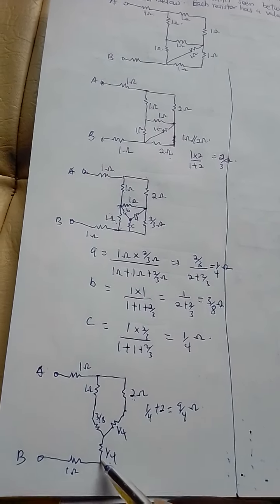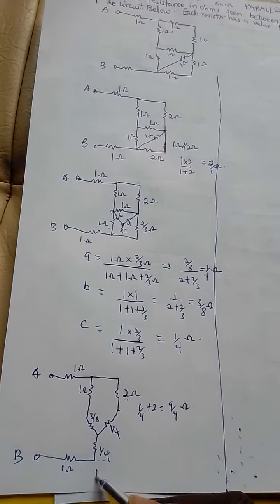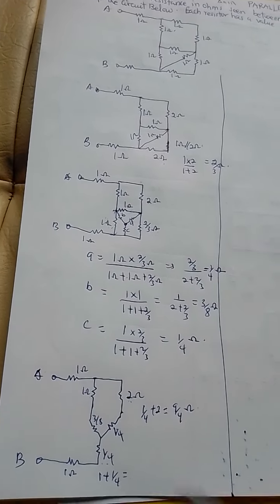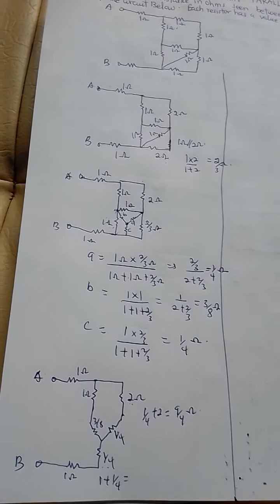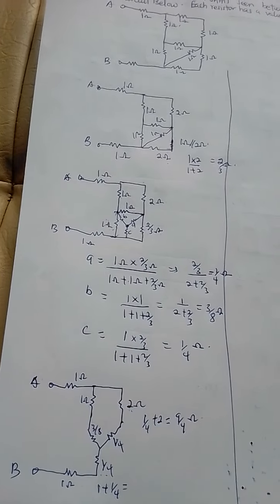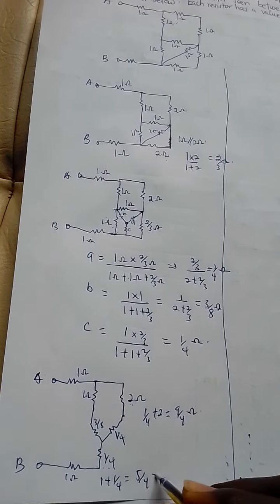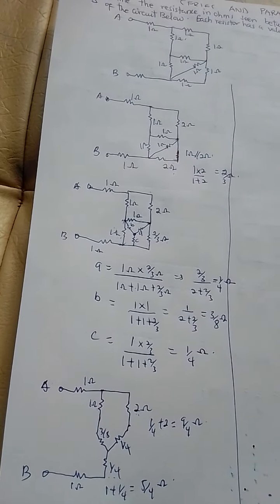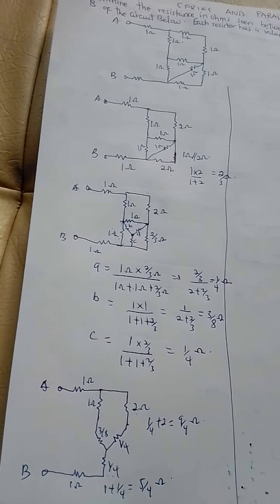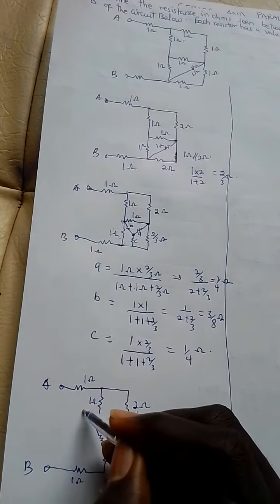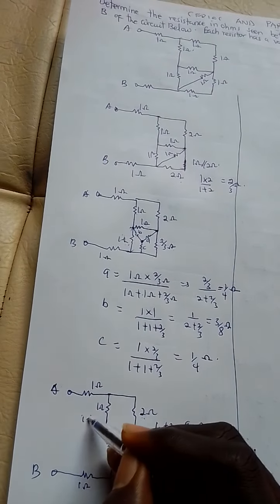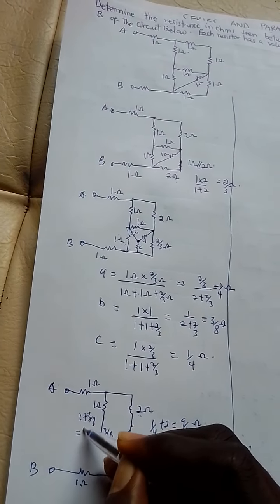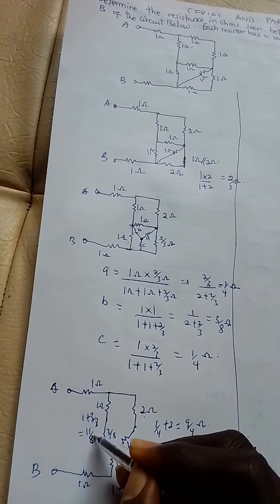Then 1 plus 1 over 4 here will give me 5 over 4 ohms. Then 1 plus 3 over 8 will give me 11 over 8. So this place, 1 plus 3 over 8, will give me 11 over 8 ohms.